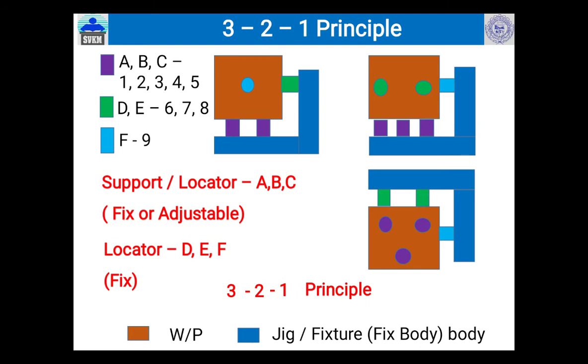So for jig and fixture, we require these two elements, and to control the remaining 3 degrees of freedom we require a clamping element.